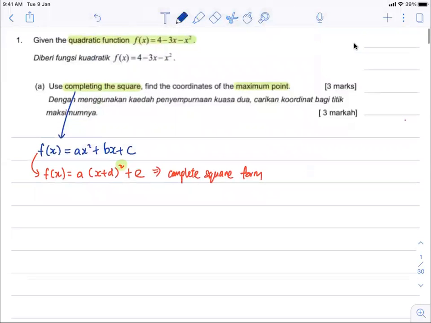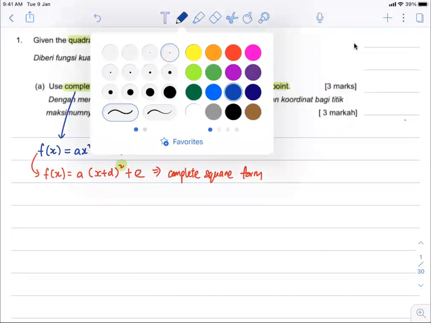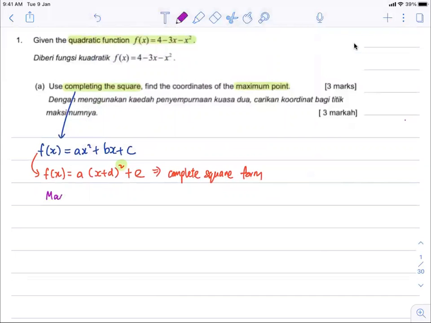The reason we want to apply completing the square to get into this form is because we want to easily find the maximum or the minimum point.